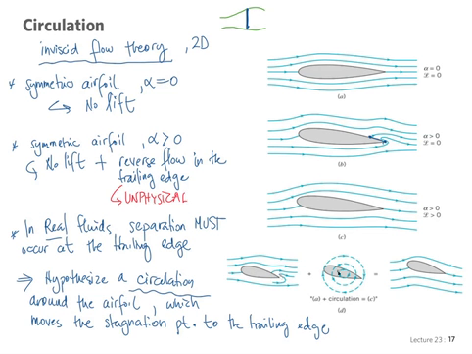We add this circulation, and the result is separation at the trailing edge, which is the physically observed type of flow. The contradiction basically stems from the fact that we're trying to use ideal flow theory to explain something that is real flow. But it is reconciled through the use of this circulatory motion.